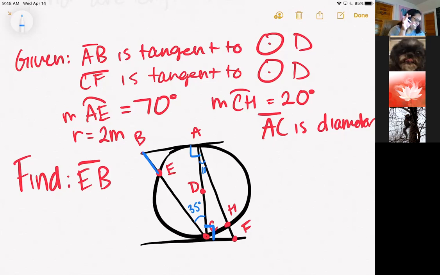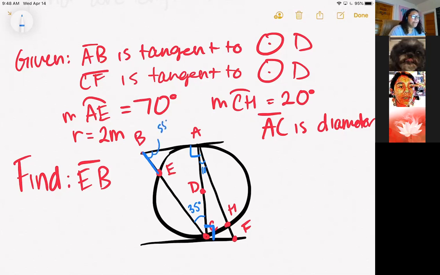We almost have enough information to solve this problem that I've written down. I think there's one more piece of information, and I think you'll all be able to solve. Angle ABC is 55 degrees, if I did that right.